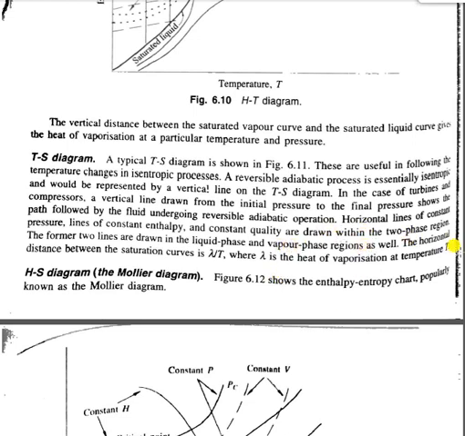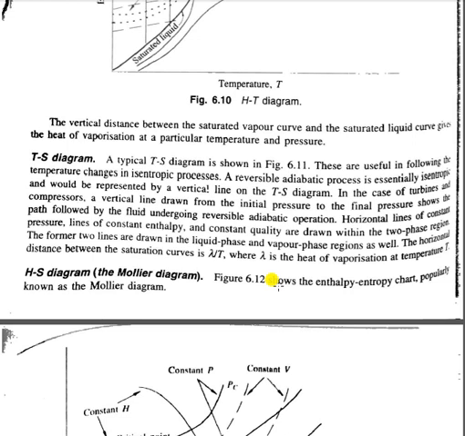The horizontal distance between the saturation curves, liquid vapor and vapor phase, is given by an example: water at 20 degrees Celsius will be in the form of liquid, but water at 100 degrees Celsius is in vapor form.